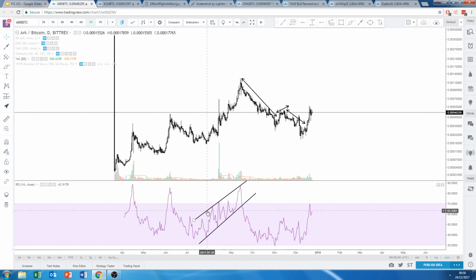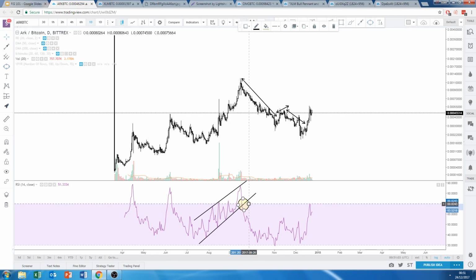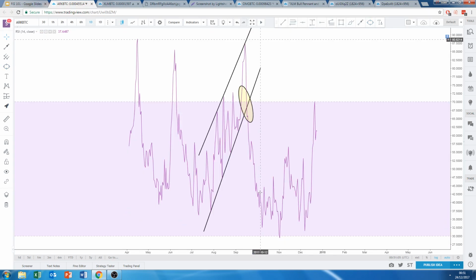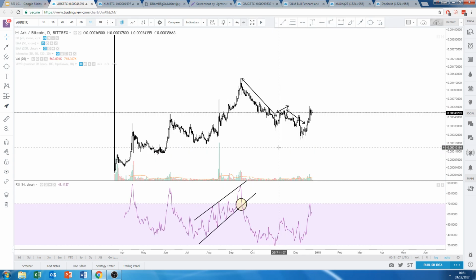But this is what I mean. If you had a chart which looked like this, you would draw this channel just like anything else. So draw it on the RSI, and as you can see, once key levels are broken, even on the RSI, the price will also give you a reaction.